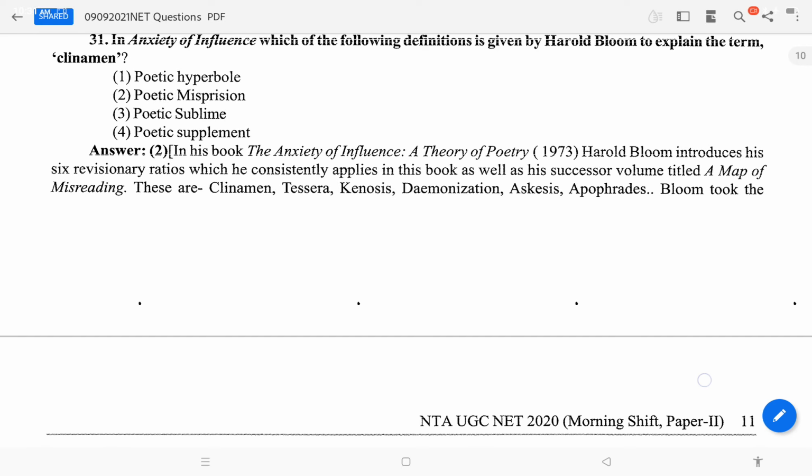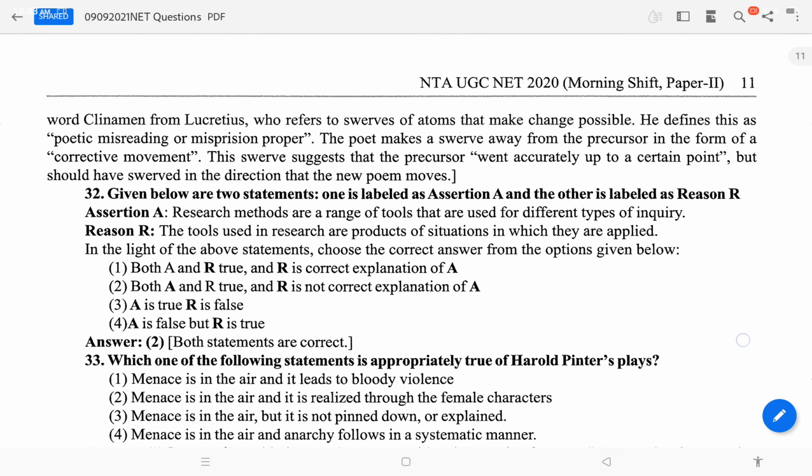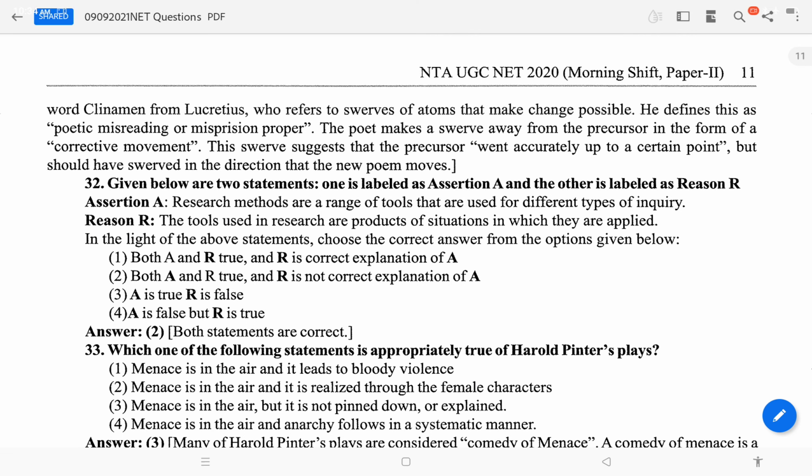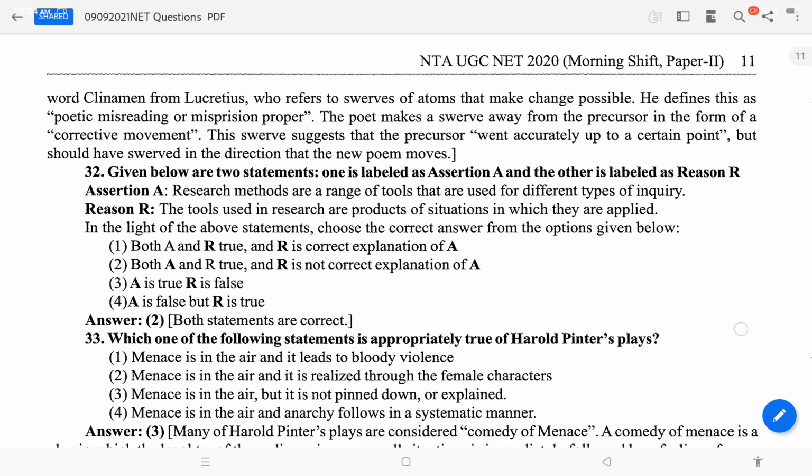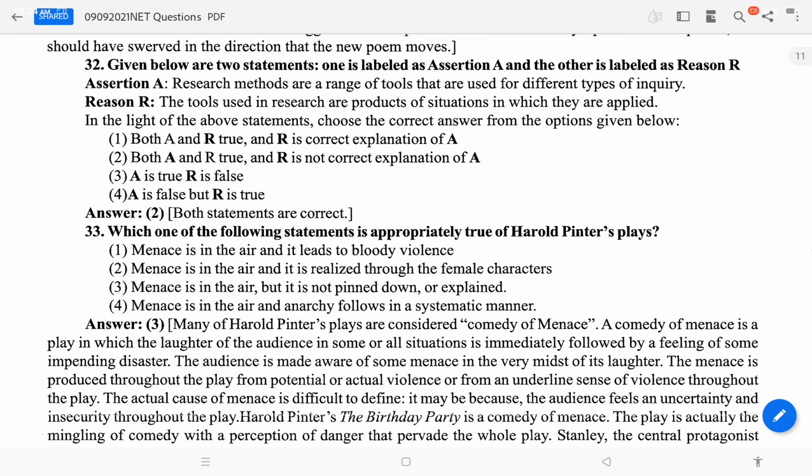This swerve suggests that the precursor went accurately up to a certain point, but should have swerved in the direction that the new poem moves. So here he divided it in six ways. So let's see question number 32.